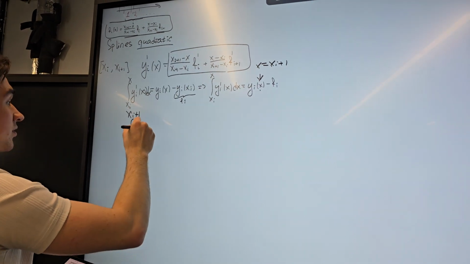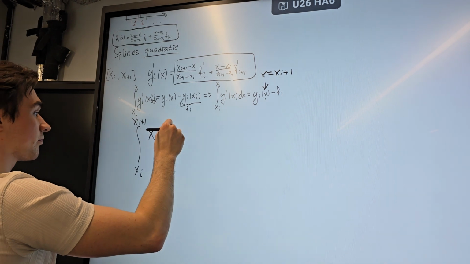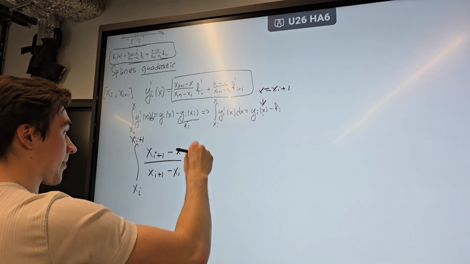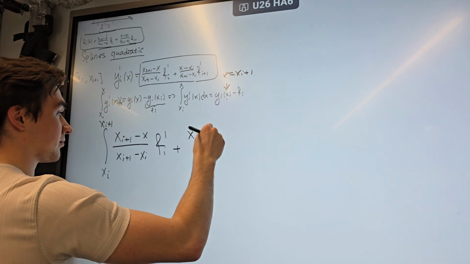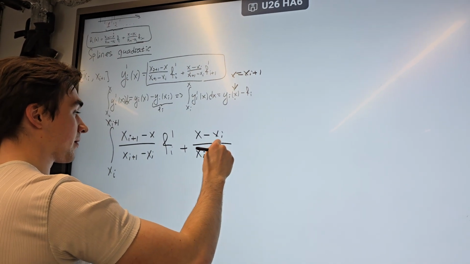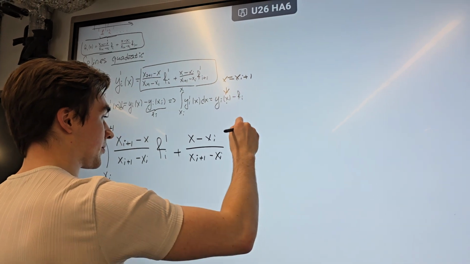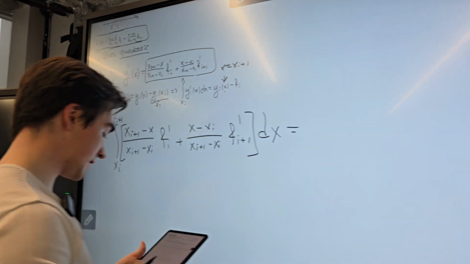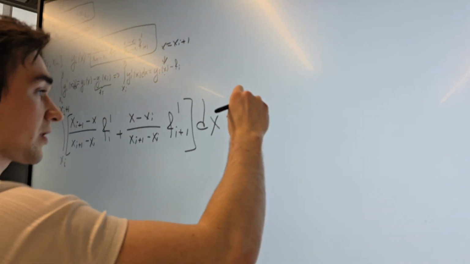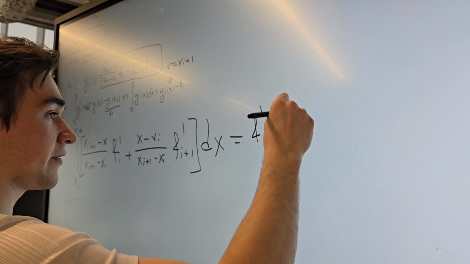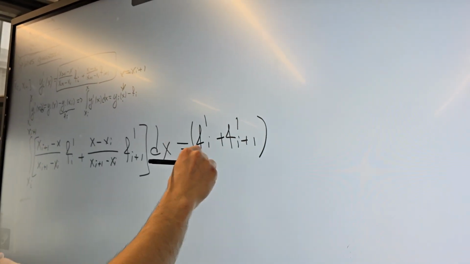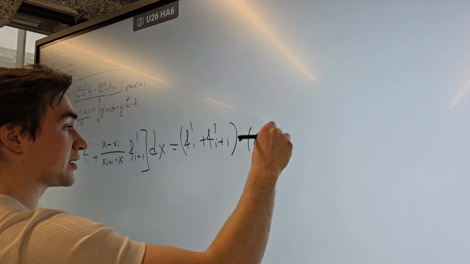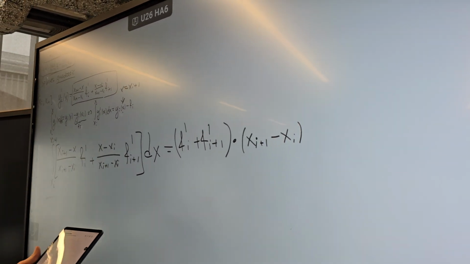And making the integration, we will get that it's equal to (f_i prime plus f_{i+1} prime) times (x_{i+1} minus x_i), divided by 2.